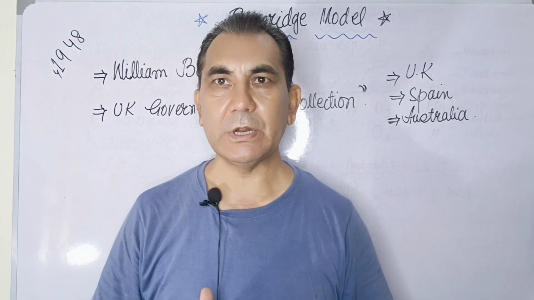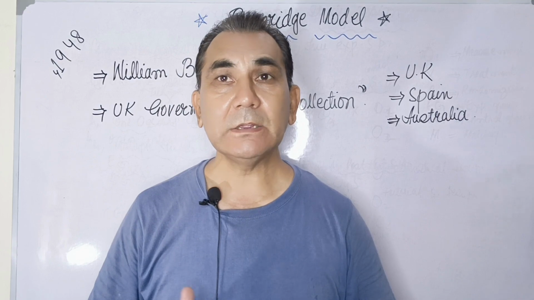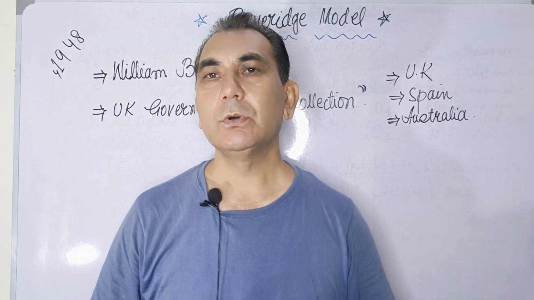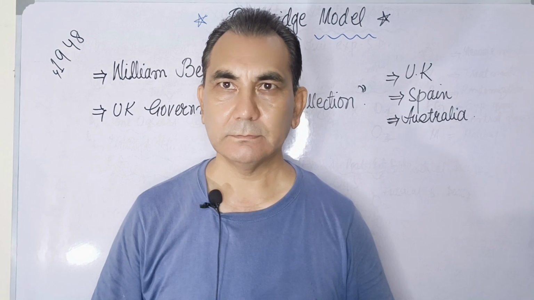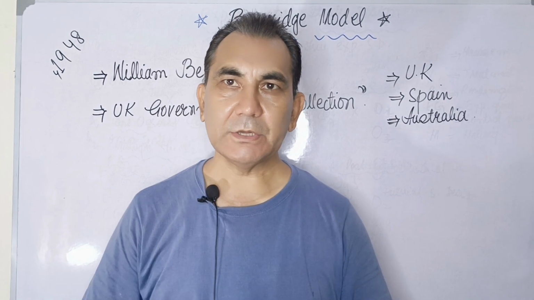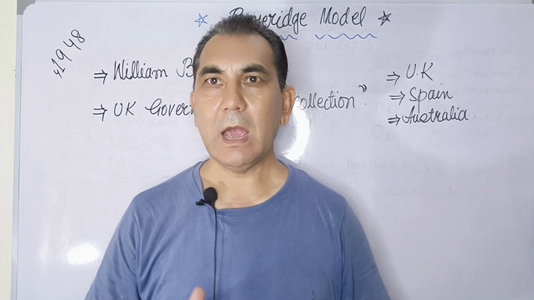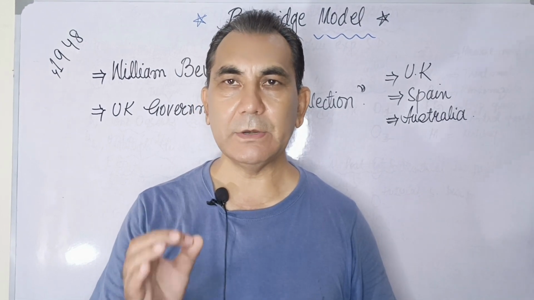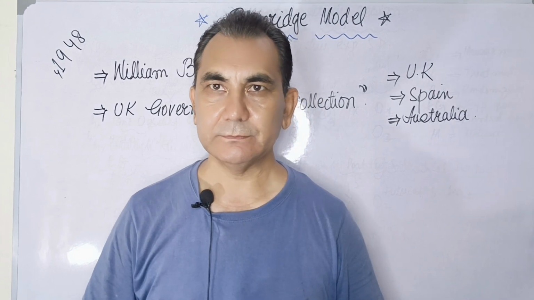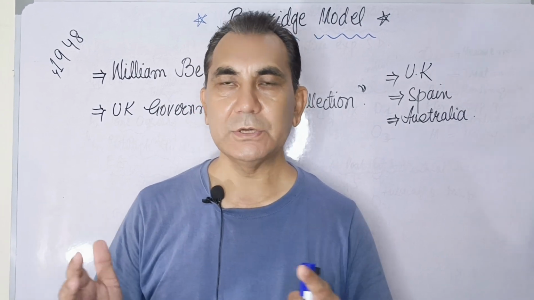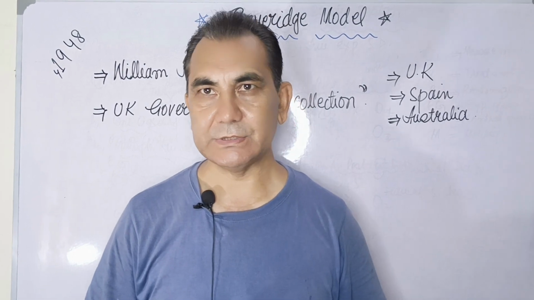collects the health insurance revenue by a tax collection system. Under this model, every British citizen has to mandatorily pay tax for their health insurance if he or she would like to access healthcare services.